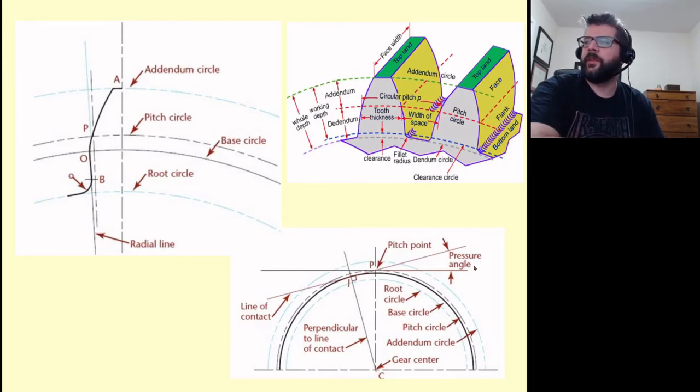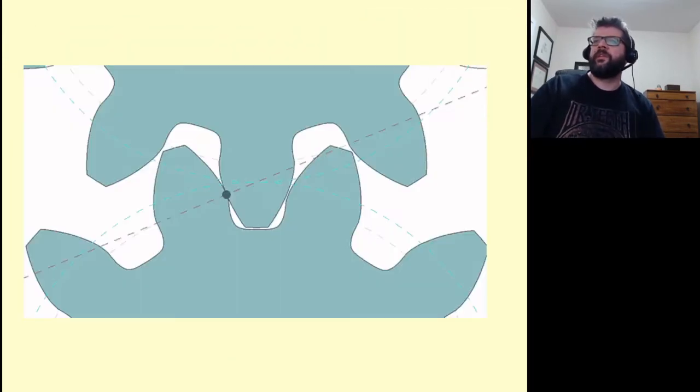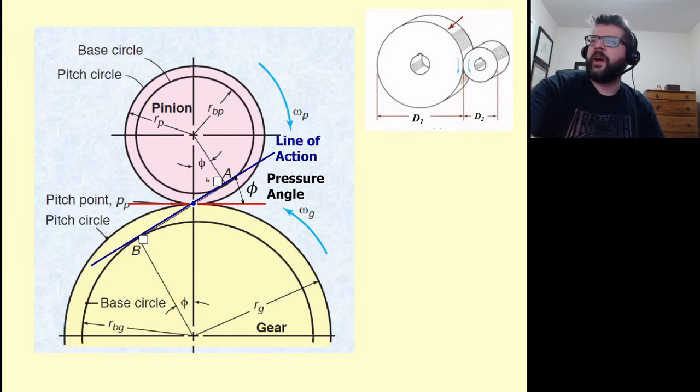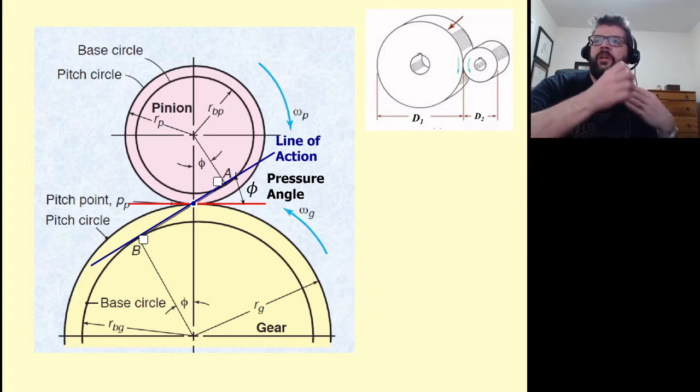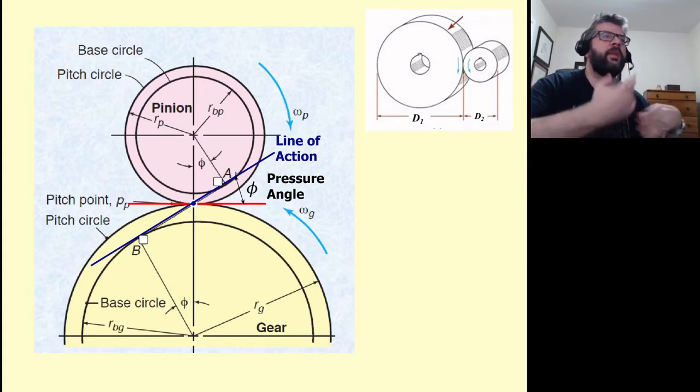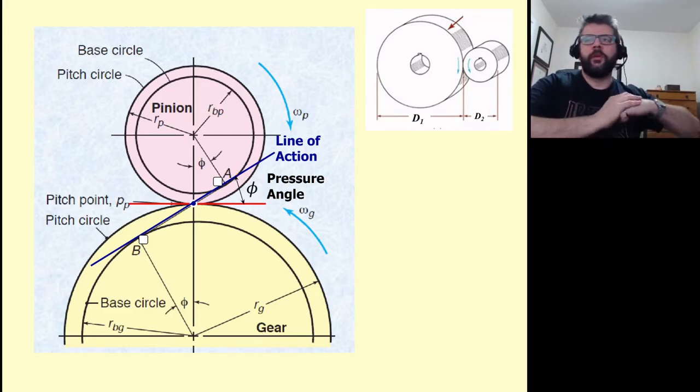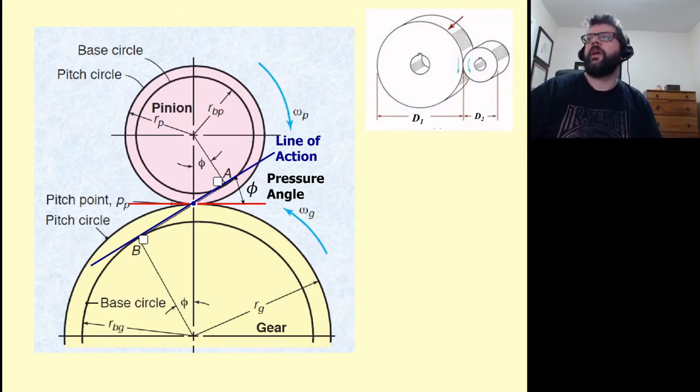That's what we call the pressure angle. There's a line of action from where they first come into contact until when they leave contact, and that entire time the teeth are normal to one another and causing pressure at the same angle.